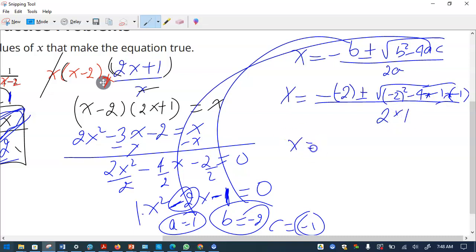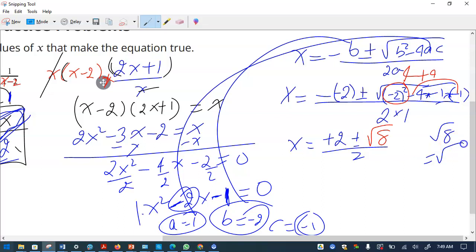So this becomes x equals 2, negative makes it positive 2, and inside, this becomes 4. The negative and negative become positive, so plus 4, and 4 and 4 become 8. And what is the square root of 8? The square root of 8 is the square root of 4 times 2, and if you separate this, it becomes the square root of 4 times the square root of 2, so this becomes 2 root 2.